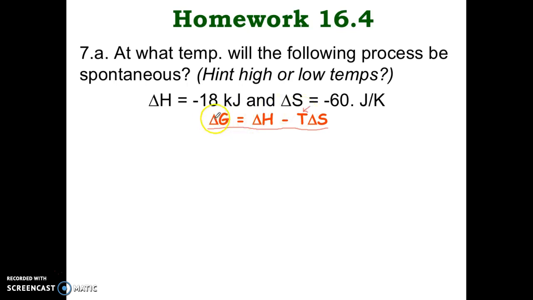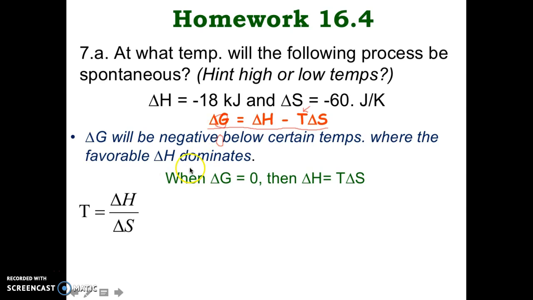So at equilibrium, delta G is 0, or this variable right here is 0. So I'm rearranging the equation to solve for T when delta G is 0. And what that equation looks like is this right here, all right?